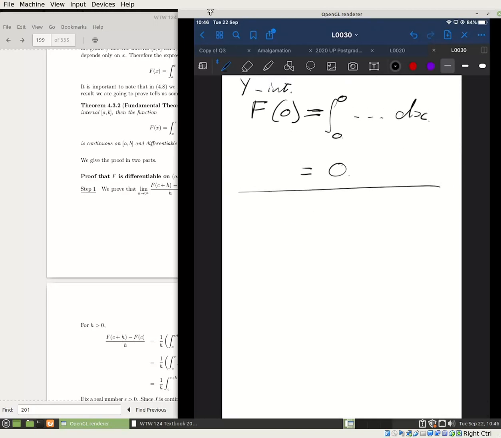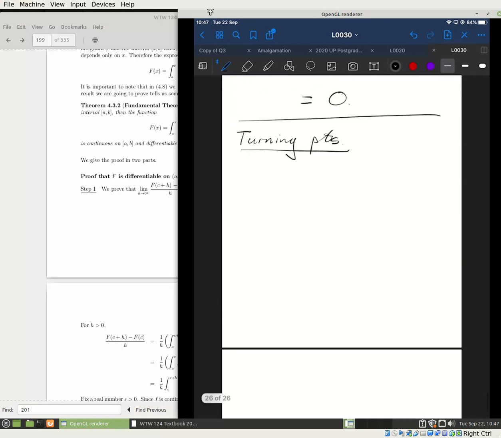Let us think about our turning points. Okay, so where do our turning points happen? That is where the derivative of big F is equal to 0.